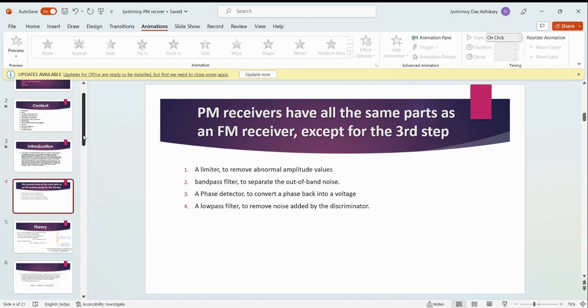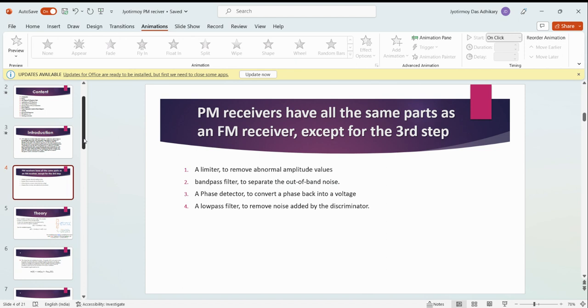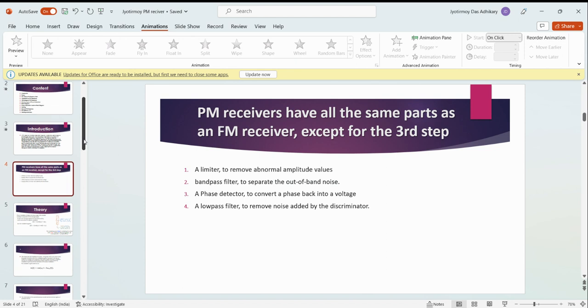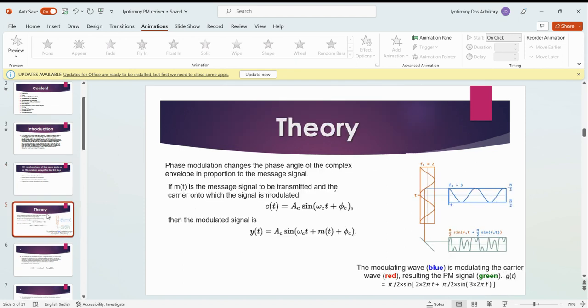So I am starting the next topic, theory, that is the waveform, the modulation waveform. Blue is the modulating wave, the carrier wave is red, and the resulting PM signal is green.